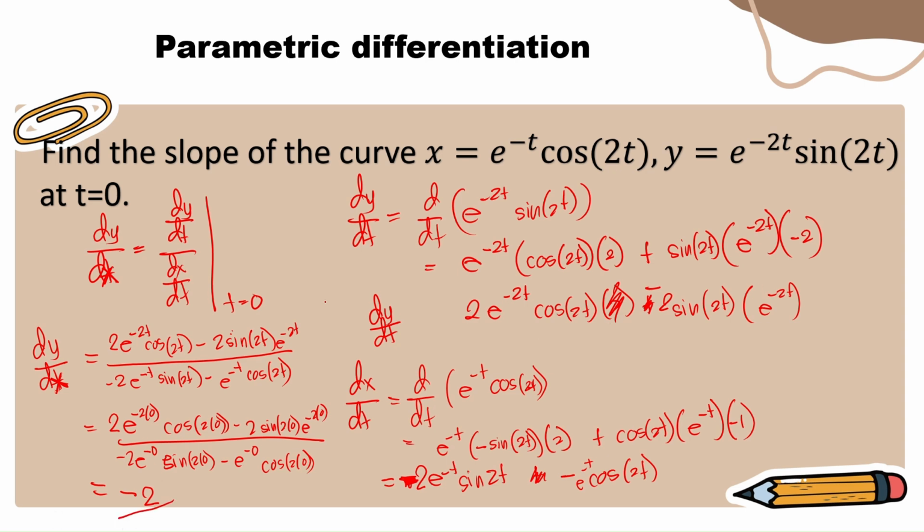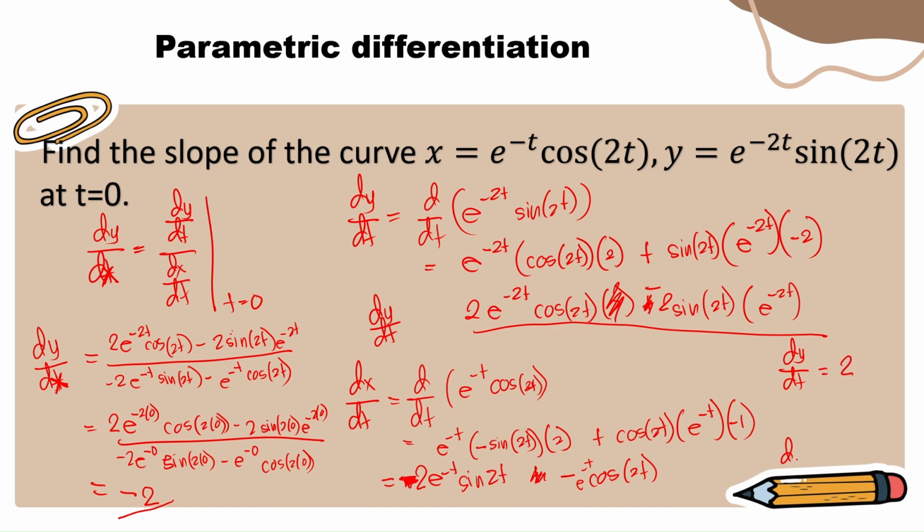But another option, before we substitute it here, is we can evaluate right away. If we substitute our t in dy over dt, we will get dy over dt equal to 2.